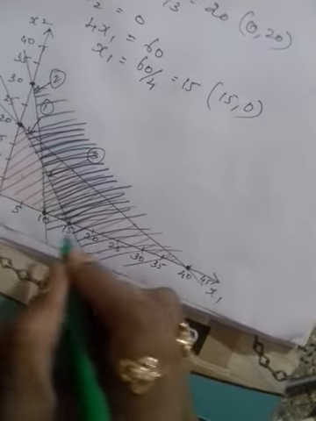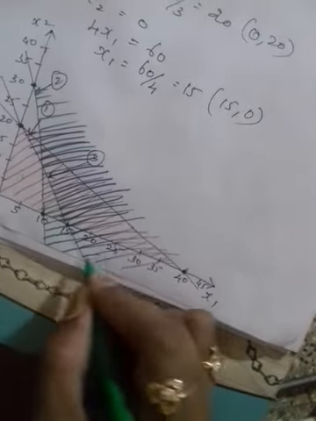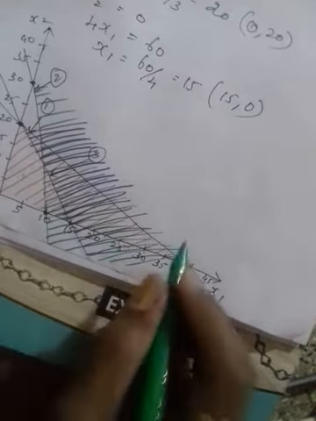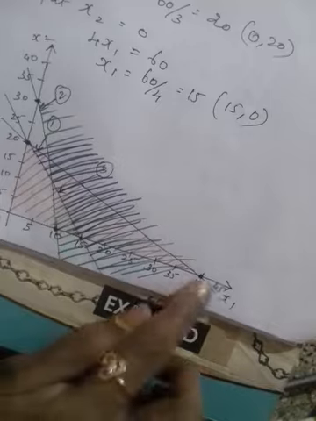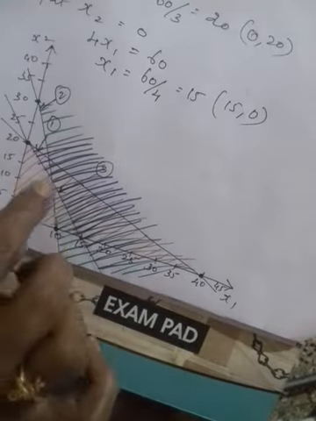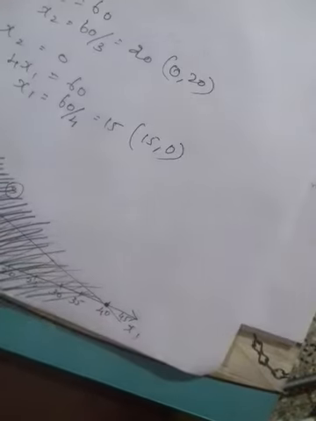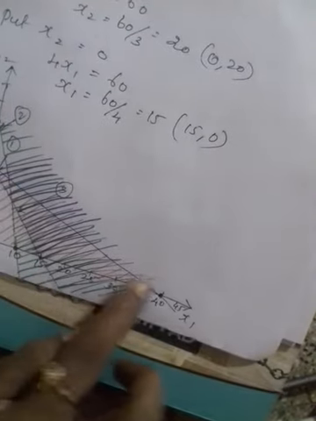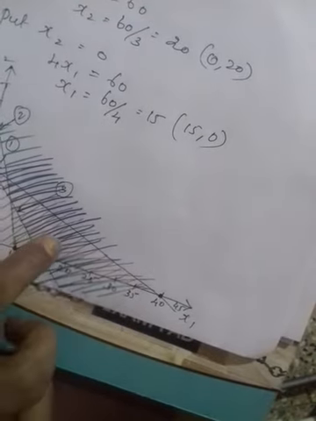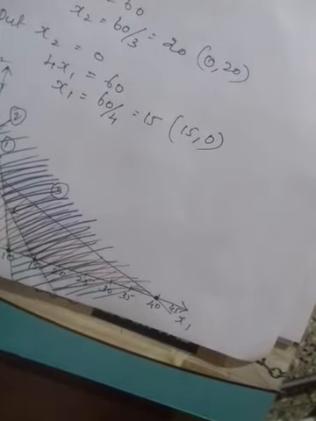All the lines are away from 0, so you can draw like this. All three colors are coming in this area, so this area is the feasible area.